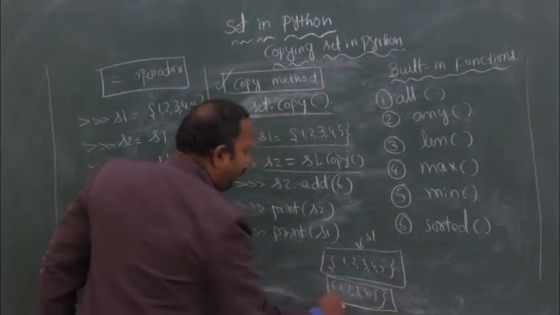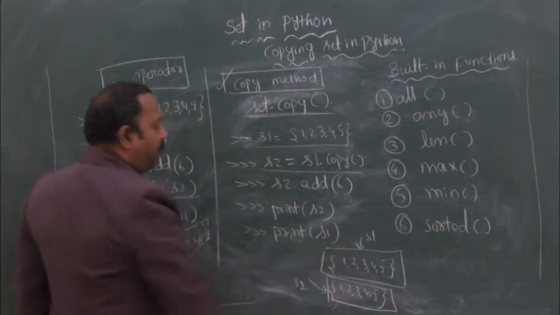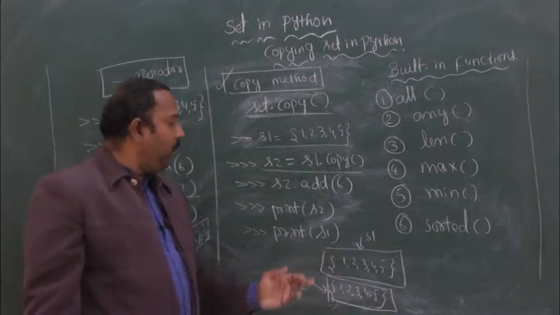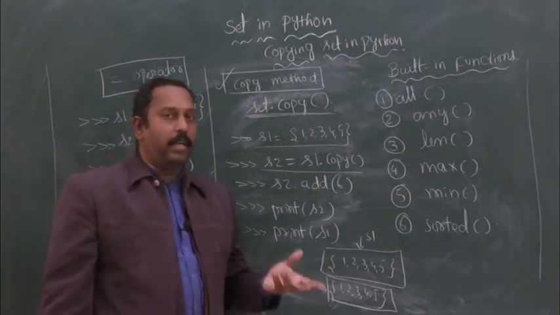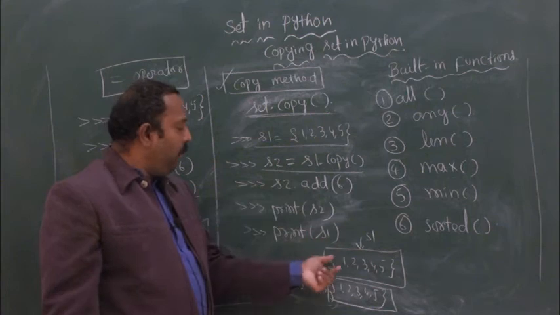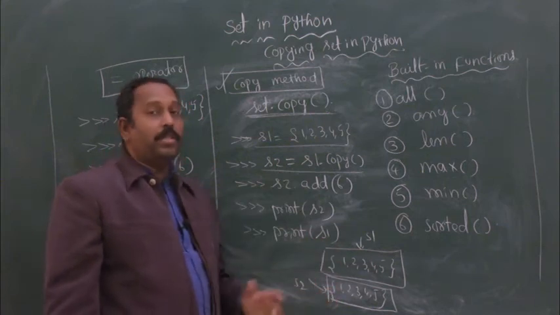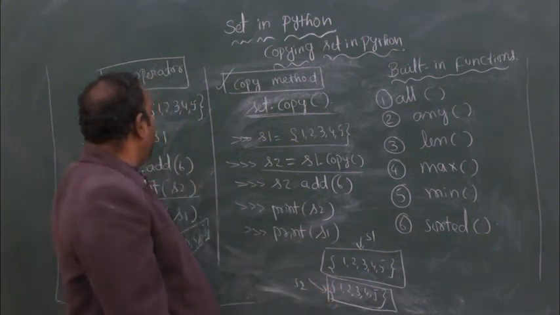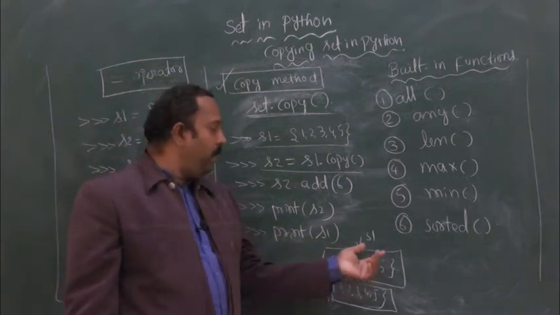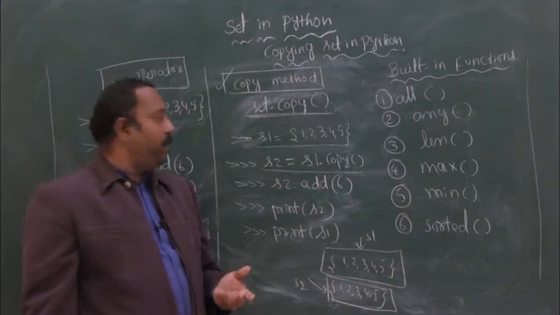S2 is pointing to another set. Two different sets will be created. Even though the items are the same, the locations are not the same. In the previous case both were pointing to the same location, but here S1 and S2 point to different locations.